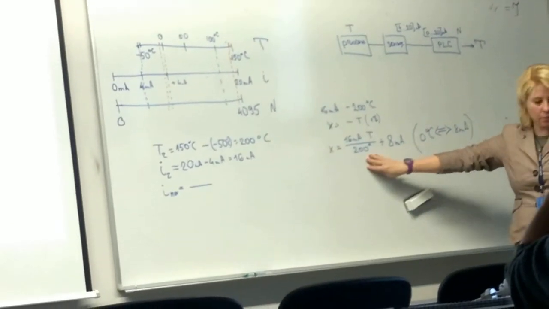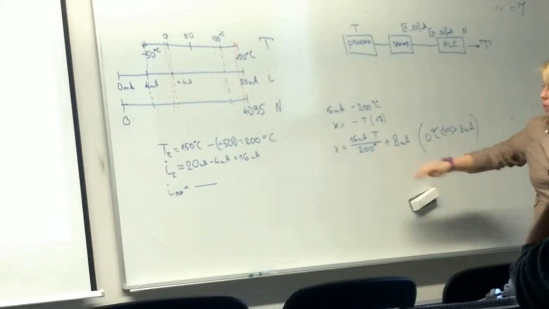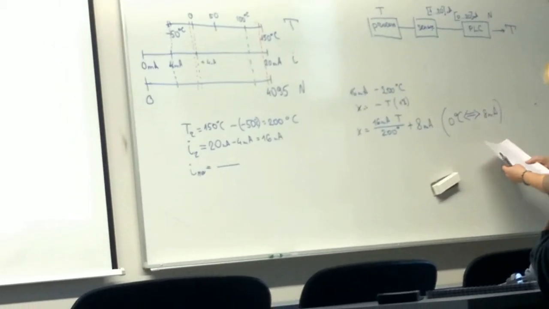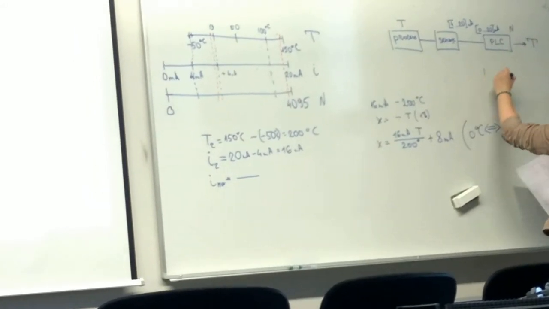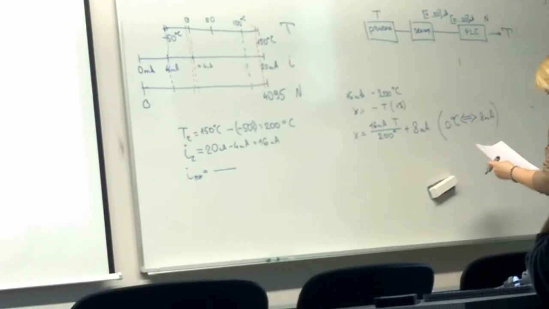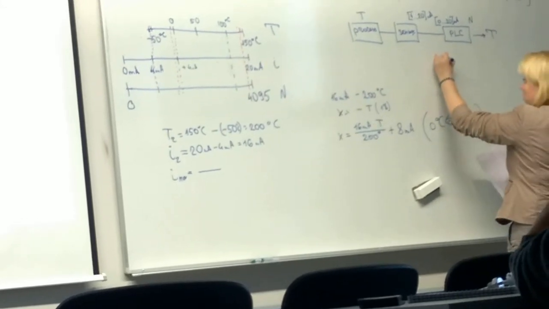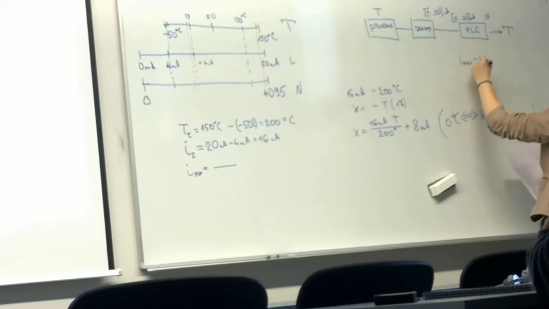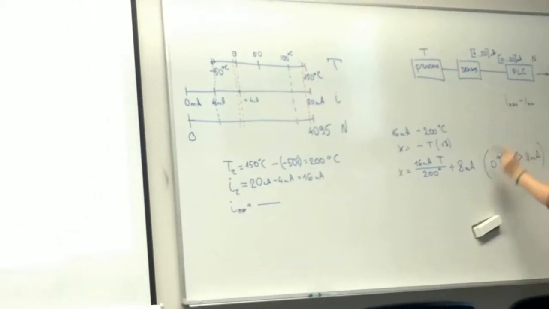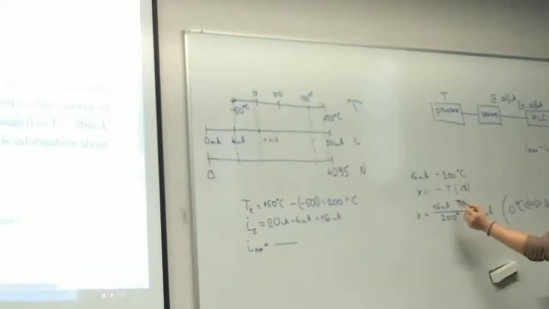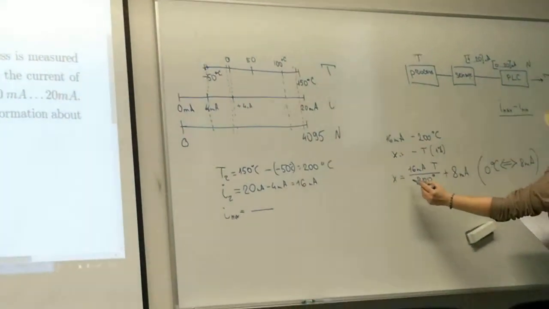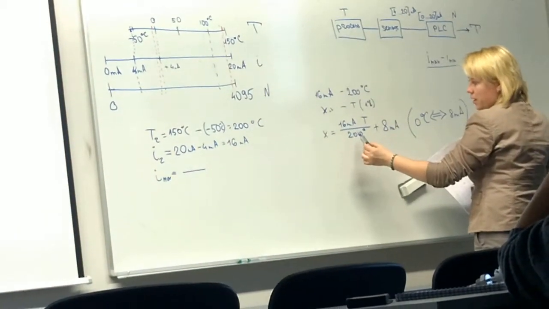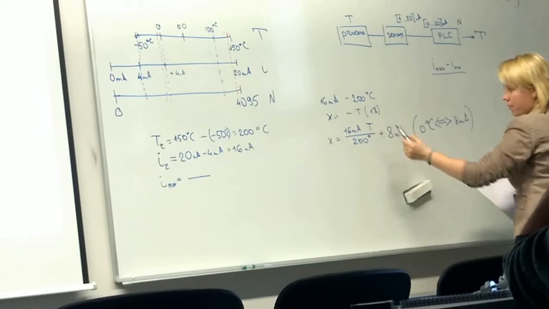So if we obtain that equation, how can we describe it? We will have the maximal value of the current minus the minimal value of the current. Here we obtain our 16 milliamperes. Then we divide, because we would like to know how many milliamperes we will have for 1 degree Celsius.